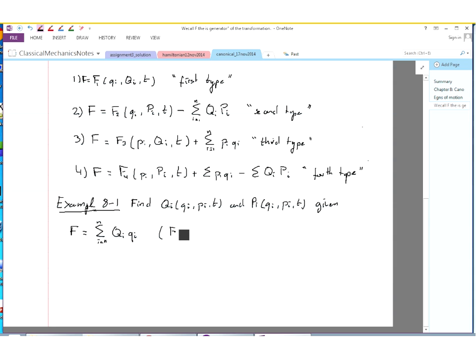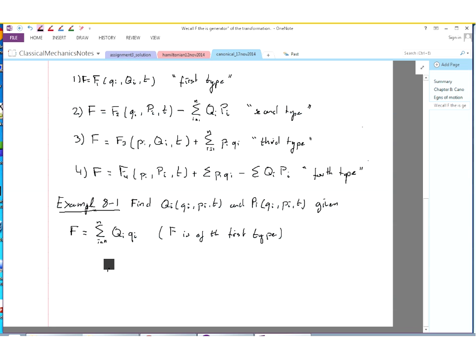So f is a function of the little q's and the big Q's. So f is of the first type.